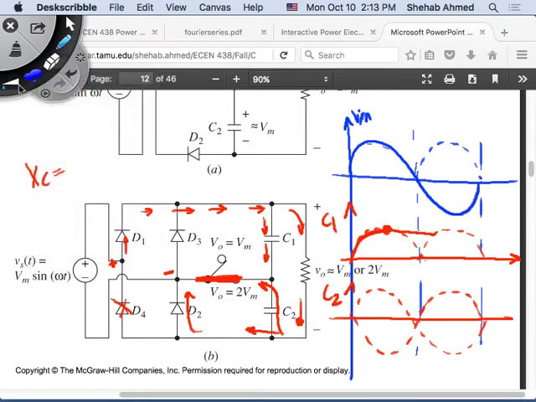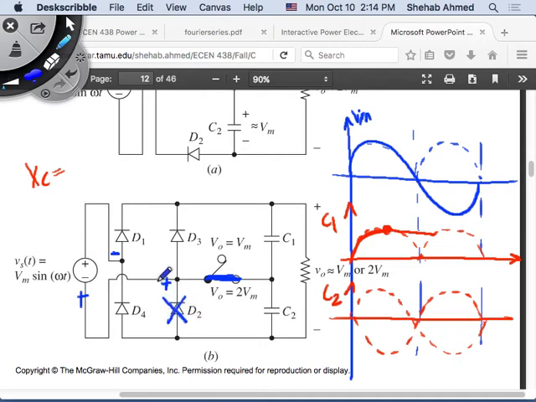Second half cycle, let me erase this stuff. The switch is still closed. Second half cycle. This is the most positive voltage. Most negative voltage here. Right? So this diode will definitely not conduct.